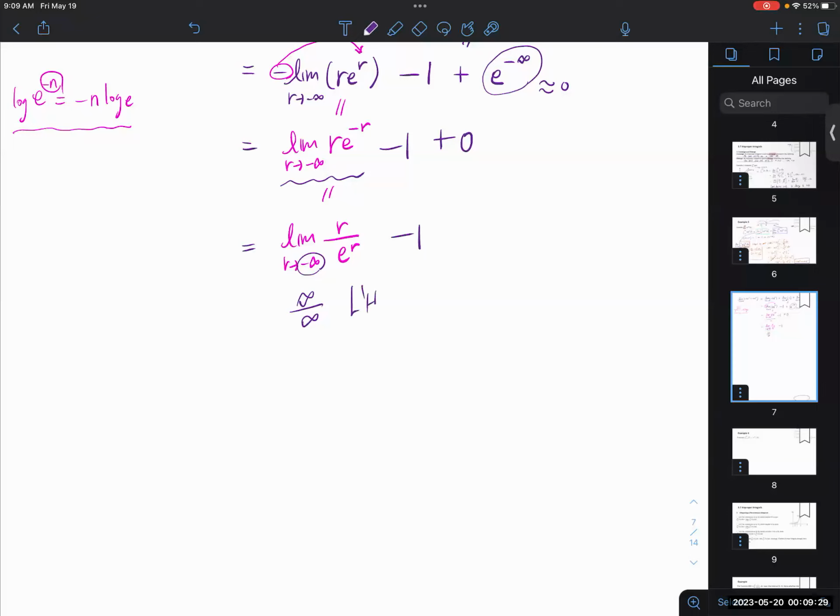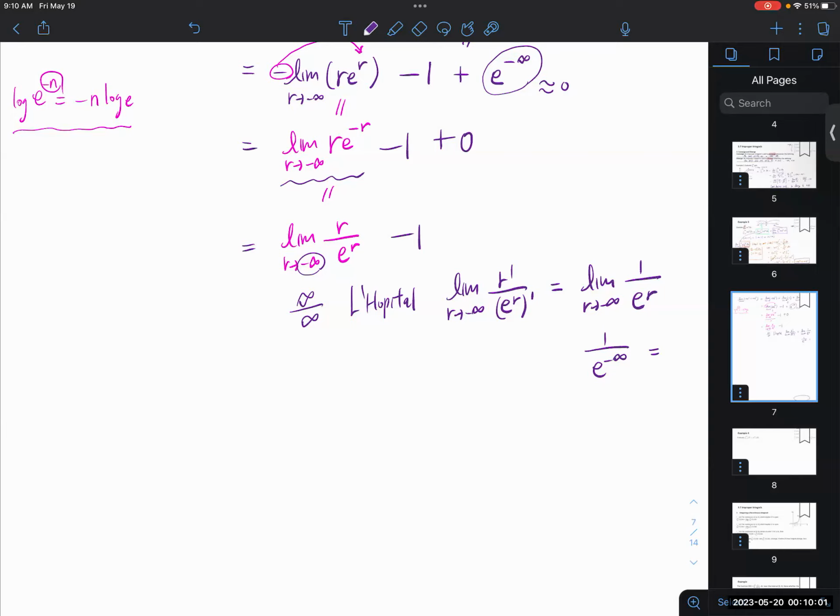Please use L'Hopital's rule. You're going to take the derivative of top and bottom. So the limit of r prime over e to the r prime, which means the limit of 1 over e to the r, because the derivative of r is going to be 1. Now you can take the infinity. So the limit, if I plug in negative infinity, is 1 over e to the negative infinity.